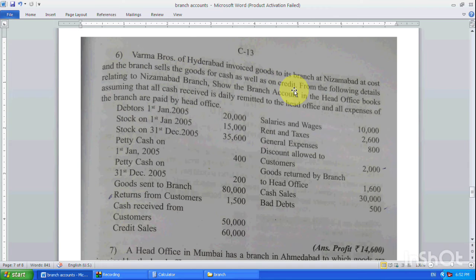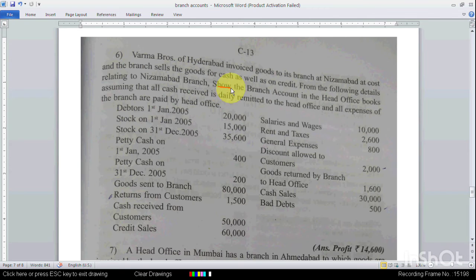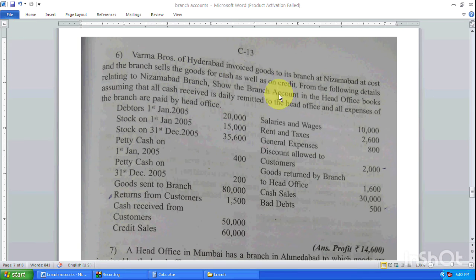From the following details relating to Nizamabad branch, show the branch account in the head office books, assuming that all cash received is daily remitted to head office and all expenses of branch are paid by head office. So we have to prepare branch accounts.